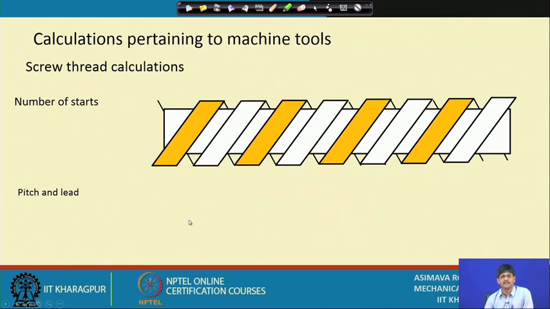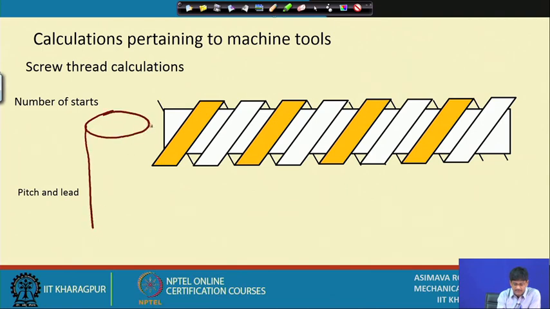This is a threaded element. What is the meaning of a threaded element? It means that on the outer wall of a cylinder, suppose I am climbing up. You have all seen a spiral stairway, maybe all of you have visited places like the Qutb Minar.